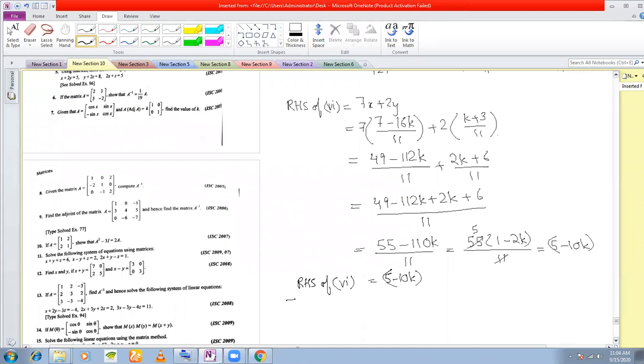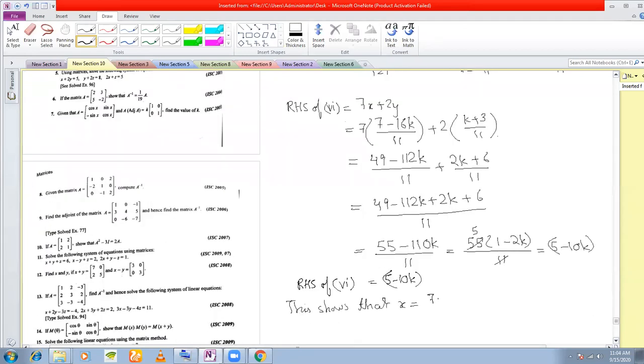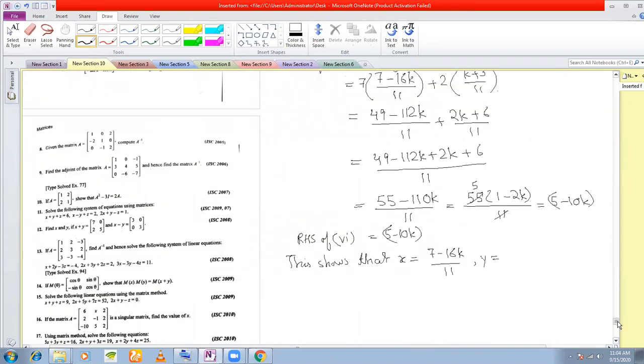So this shows that x is equal to 7 minus 16k by 11, y is equal to k plus 3 by 11 satisfy 6.